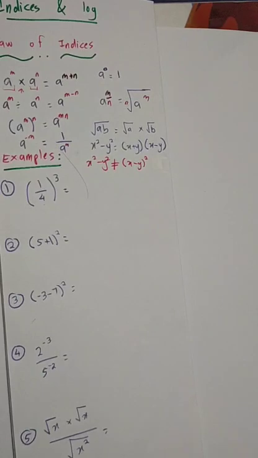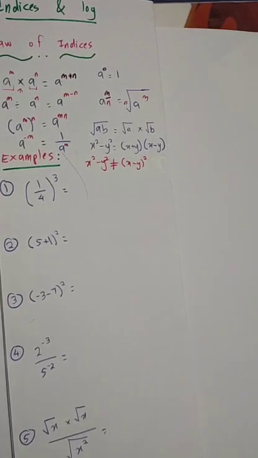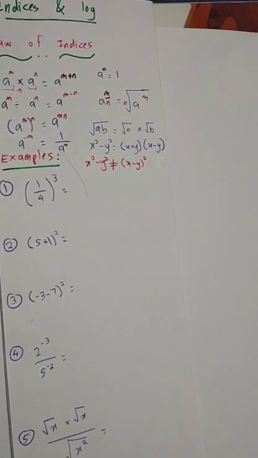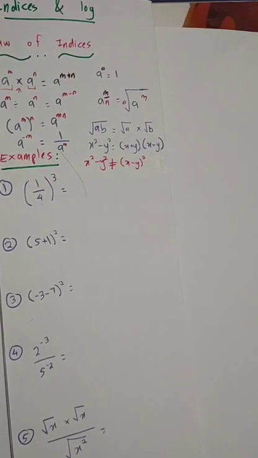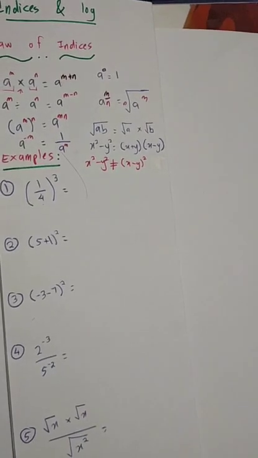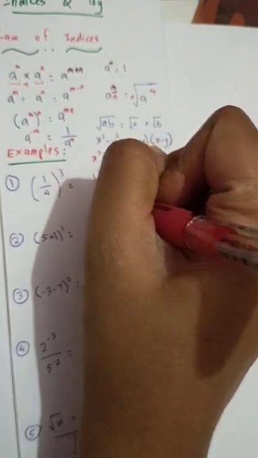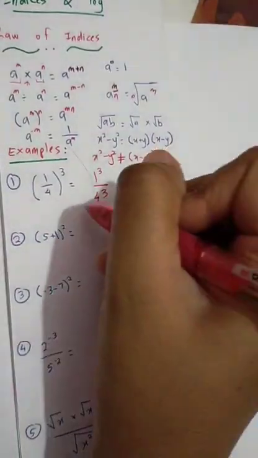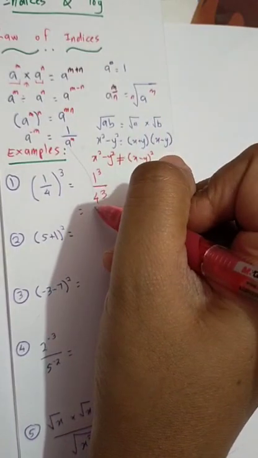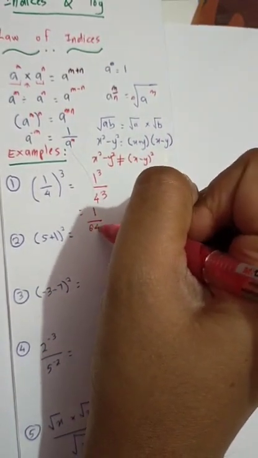If it is division, both of them will get the power. So in this question, it will be 1 to the power of 3 over 4 to the power of 3. So you will get 1 to the power of 3 is 1, and 4 to the power of 3 is 64.